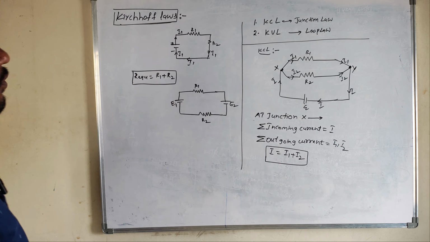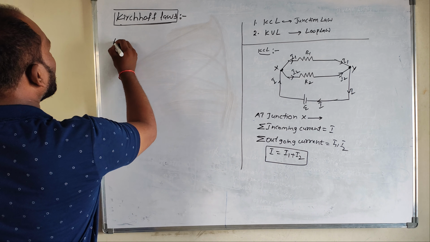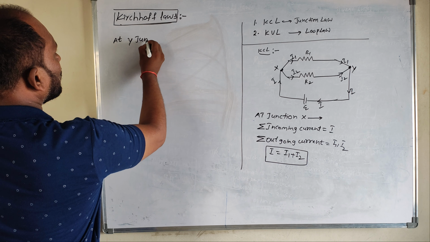Now let's see at Y junction. How to handle the situation at Y junction? We have I equal to I1 plus I2.